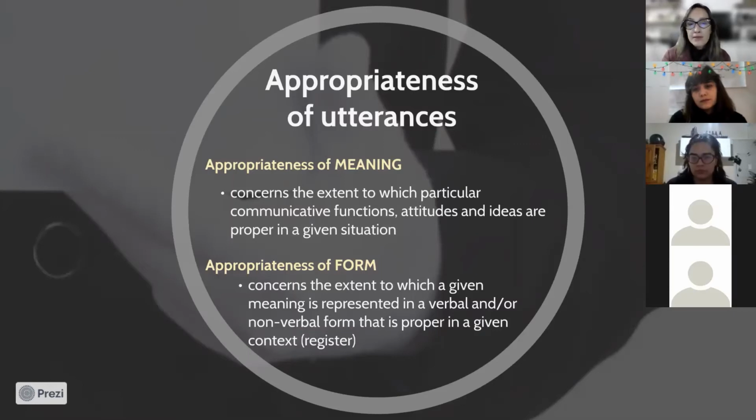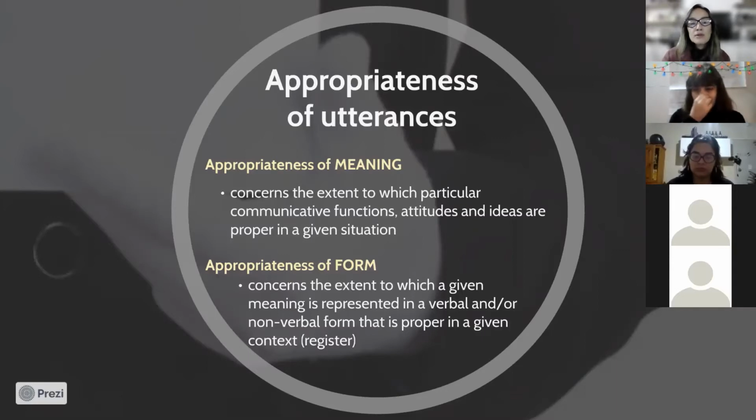Then, even for one function, I might have more than one way, or more than one expression, let's say, in the language for the same function, right? So we need to help our students be aware that sometimes that function might be communicated by different expressions, right?